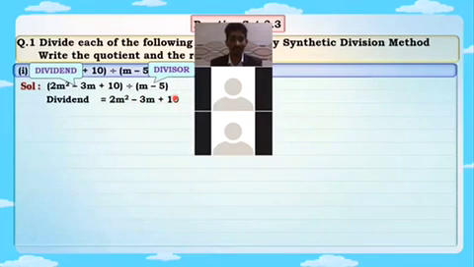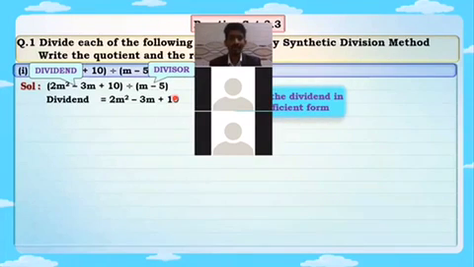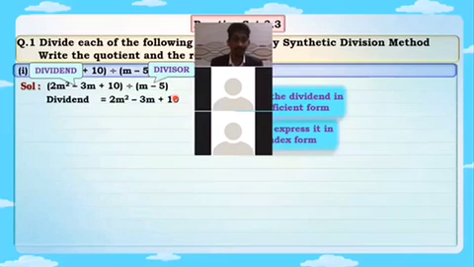Next, for solving by synthetic division, this dividend should be written in coefficient form. कौन से फॉर्म में होना चाहिए? Coefficient form में होना चाहिए. But to write that in coefficient form, first of all we need to express it in index form. Now what is index form? Again we have studied in the previous lecture.